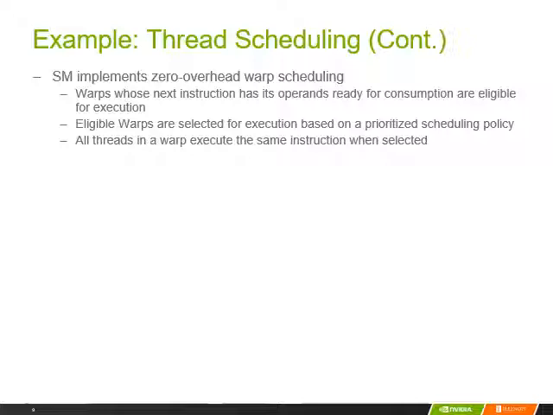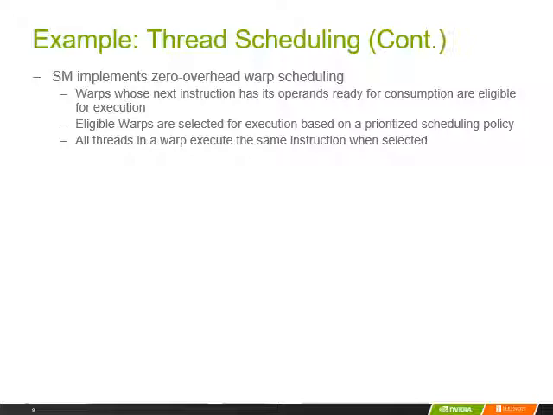Now that we understand how the thread blocks are assigned to SMs and how the thread blocks are divided into warps, we can now explain how an SM actually executes these warps. During runtime, each SM implements zero overhead warp scheduling.